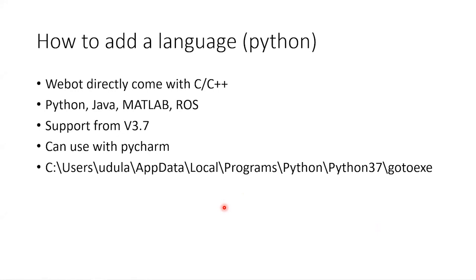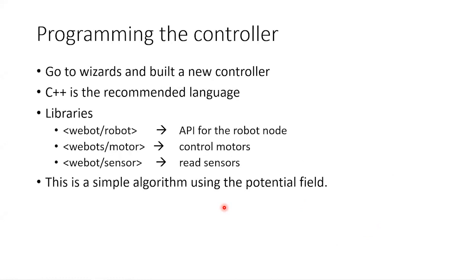Today our robot is a mobile robot. In Webots we have a window called controller. I explained this yesterday. Today we can write our program in this controller, in any of the previously mentioned languages.